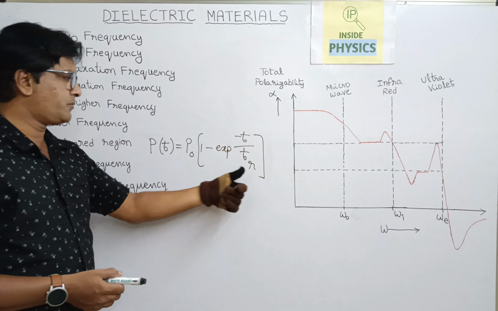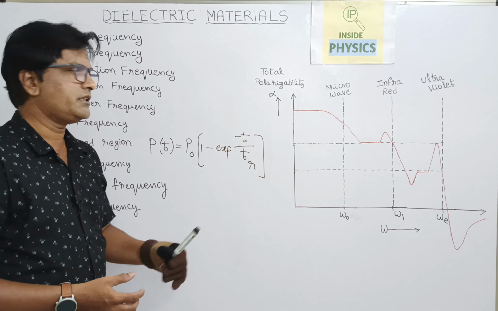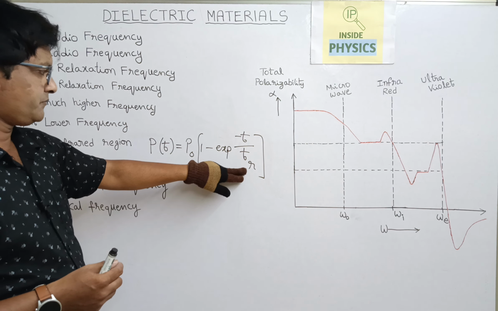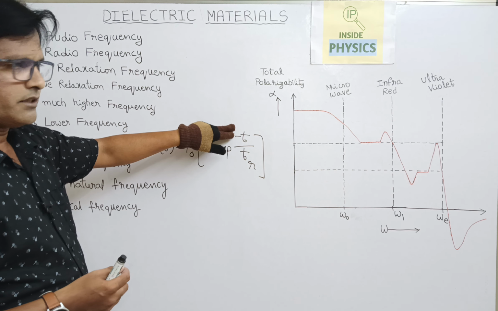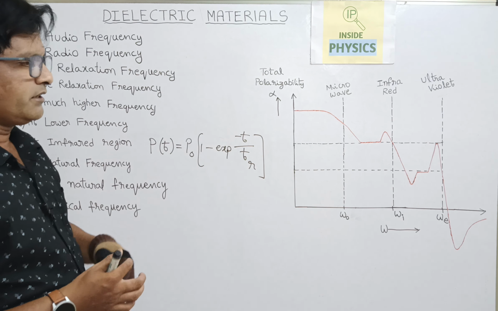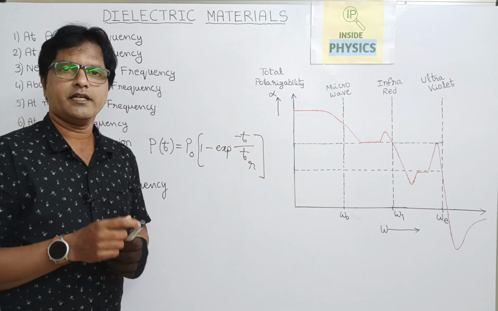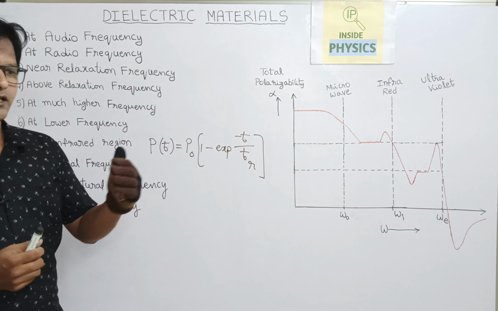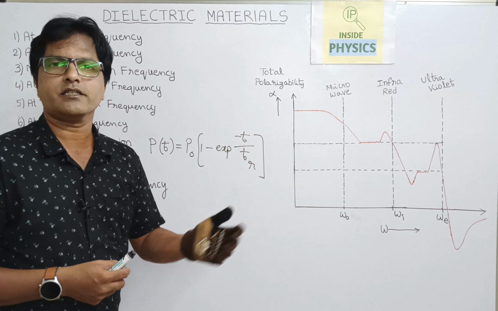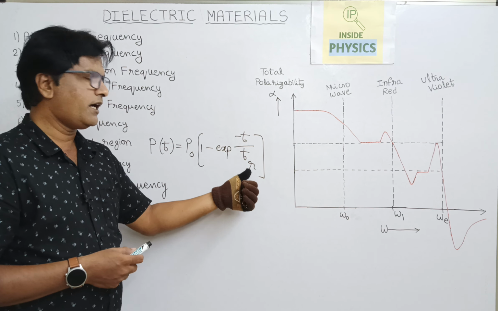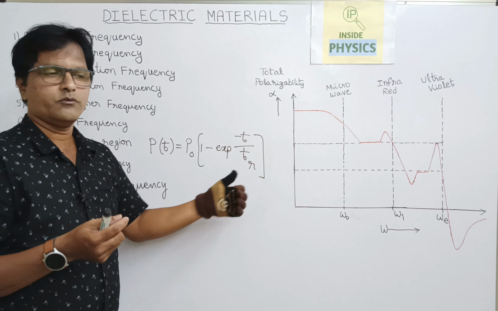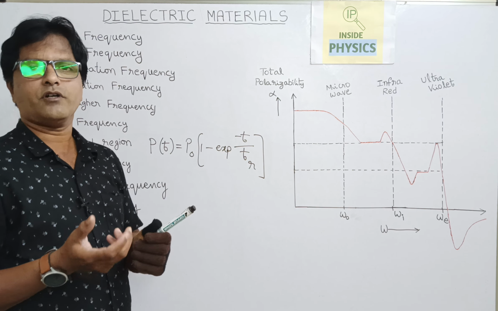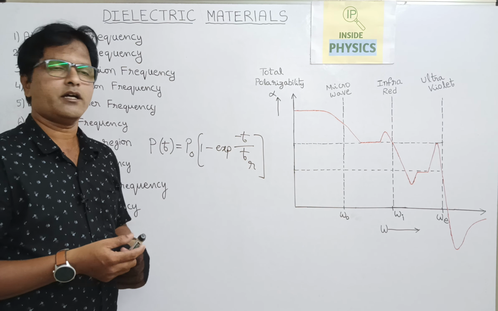Relaxation time is the reciprocal of relaxation frequency. Relaxation time is given by the average time taken for a dipole to completely orient into the electric field direction when we apply an external field. We have millions of dipoles in a dielectric material in the form of atoms, molecules, or ions.